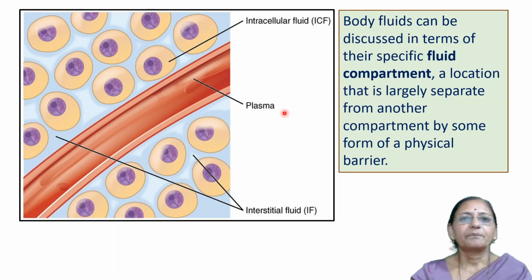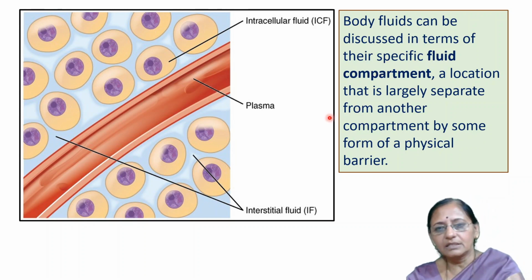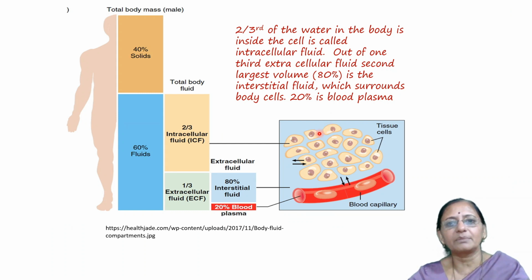Next, body fluid can be discussed in terms of specific fluid compartments. As you can see in the last figure, there are compartments. A cell is one compartment. Outside the cell, a large part is another compartment.